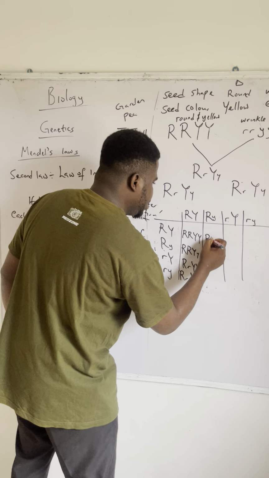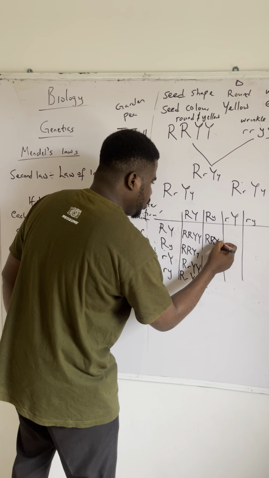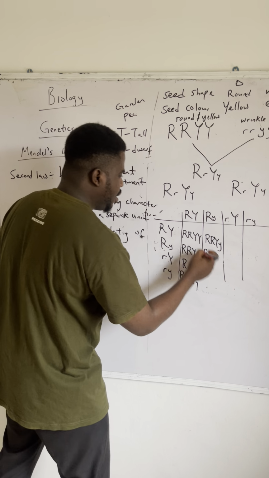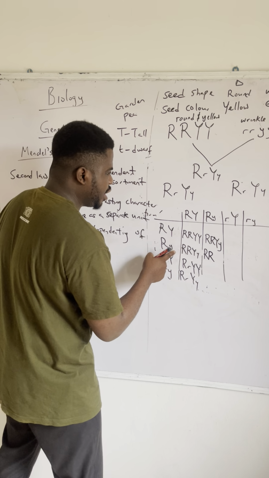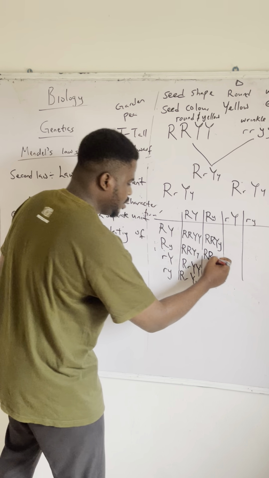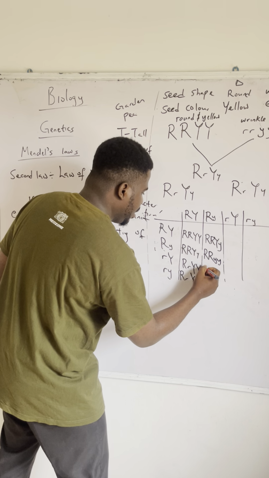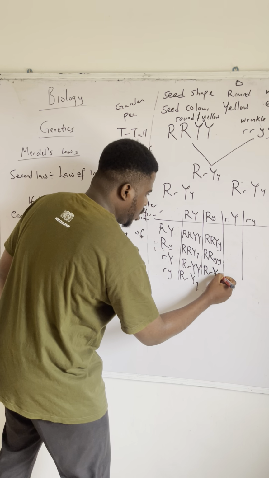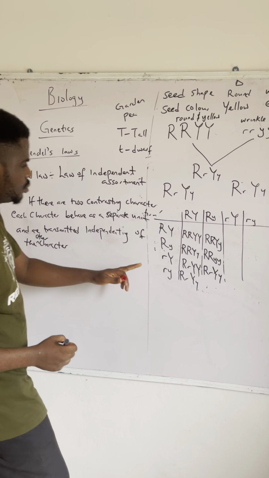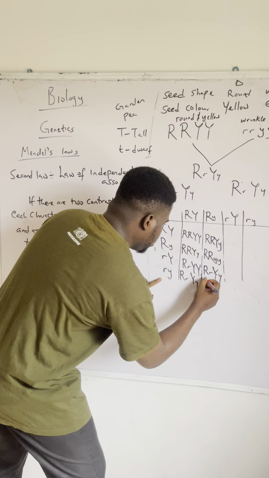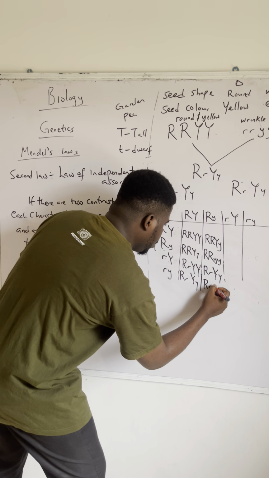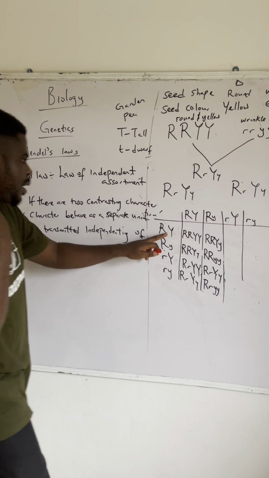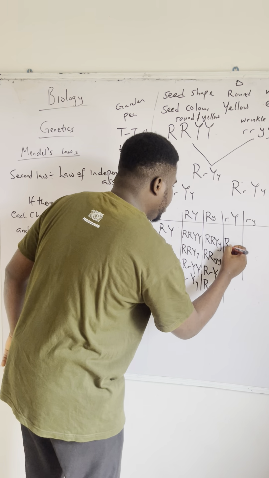I'm just trying to beat the time. I don't want this video to be too long. So capital letter R and capital letter R, but we have small letter y here and small letter y here. Capital letter R, small letter r, this and this, Y. So capital letter R, small letter r. This is the Punnett square.